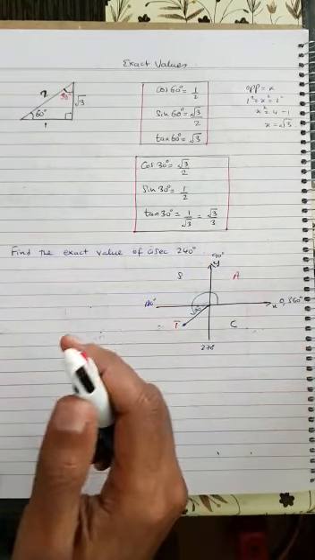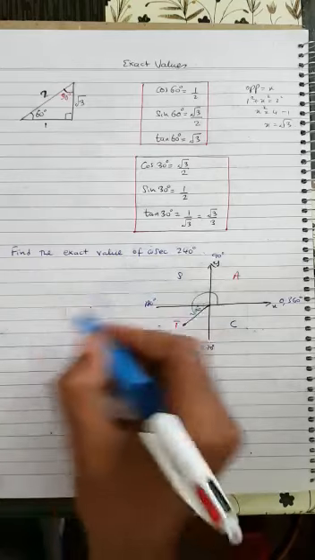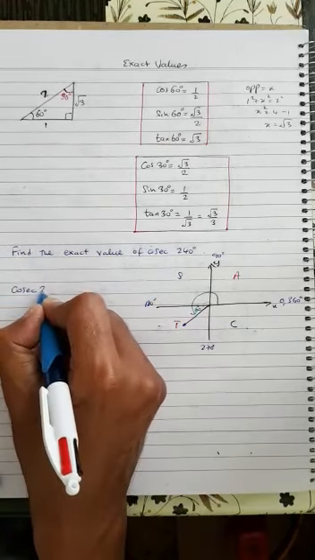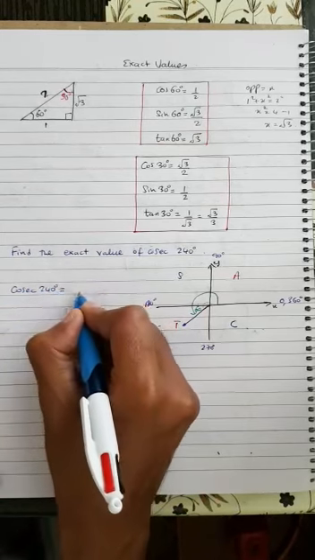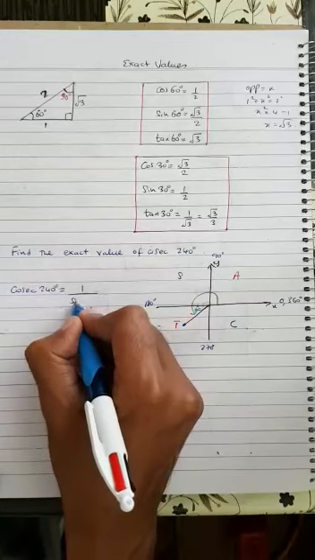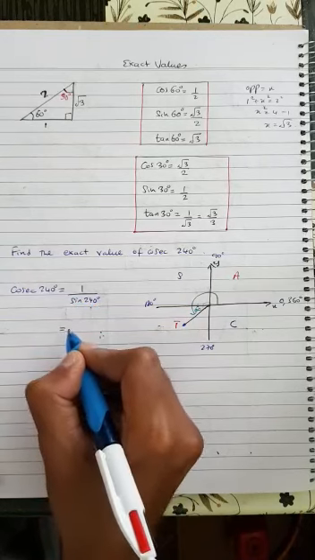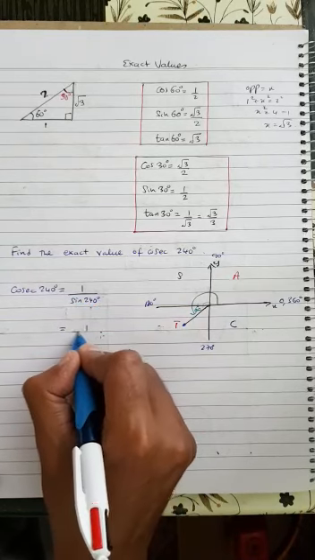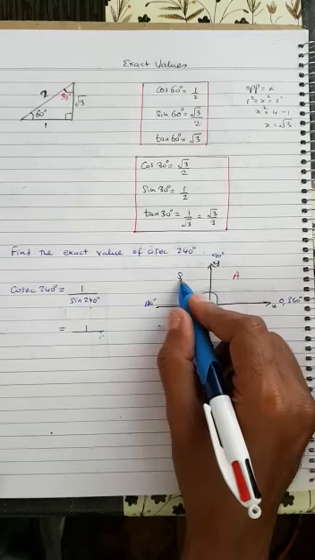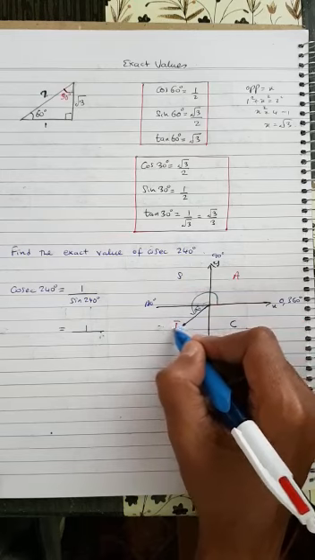Now, cosec. Cosec of 240 is exactly 1 over sine, because cosec is 1 over sine, so 1 over sine 240 degrees. If you look here, all is positive, here only sine is positive, and here only tangent is positive.